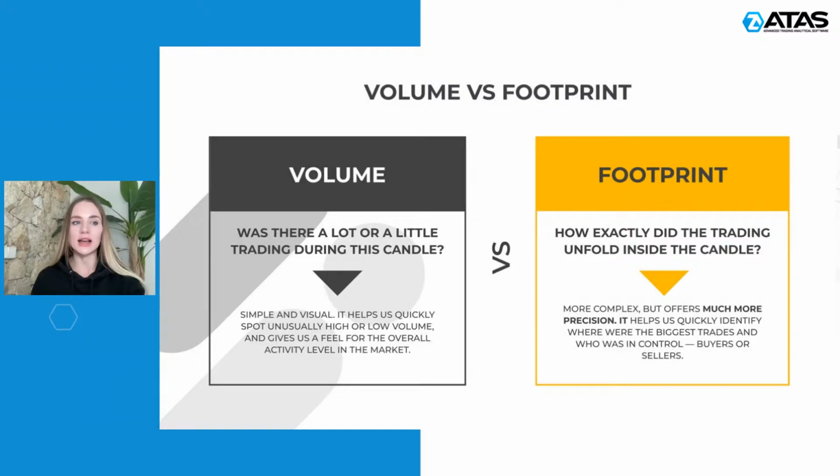Because unusual can also be unusually low or unusually high activity in the market. And it also gives us a feel for the overall activity level. For example, if you are trading futures, you may feel it less. But if you are trading the stock market or some cryptocurrencies, which are not the majors, it's going to be really important to trade the higher volume assets.